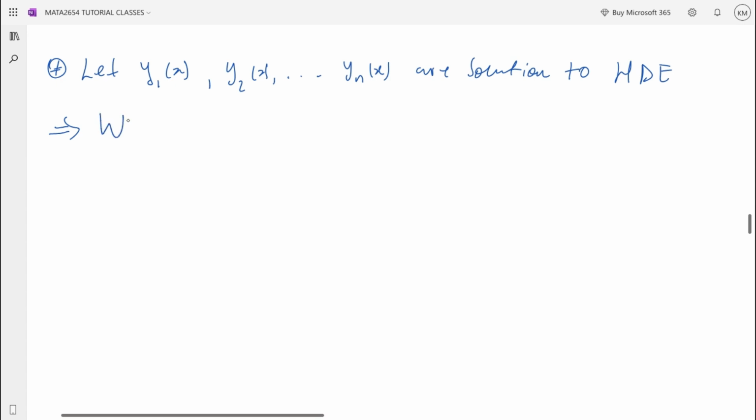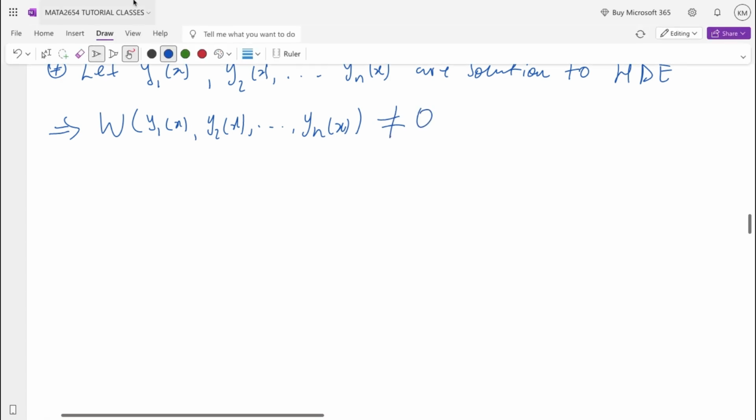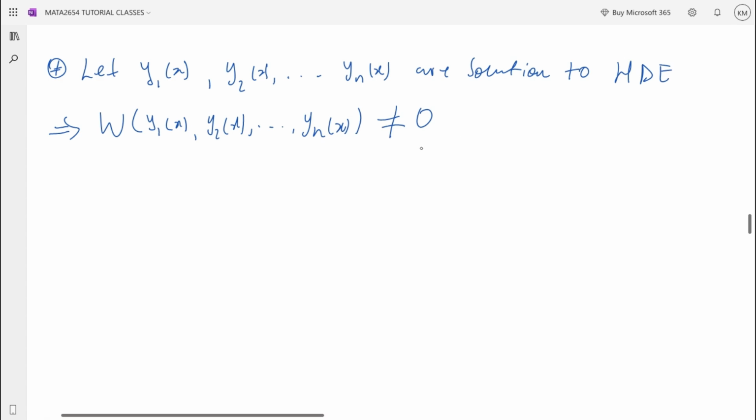So if the Wronskian determinant of y1, y2, up to, in general, the nth solution, is not equal to 0, what does it imply?